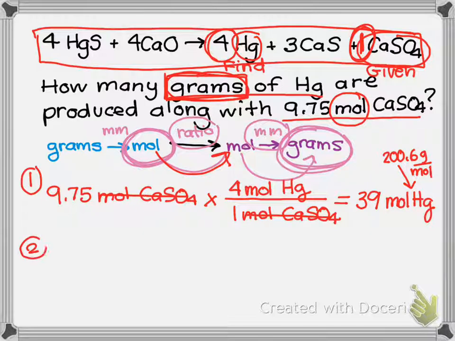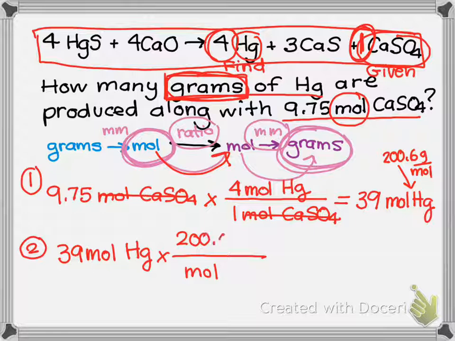So the second step would be to say 39 moles of mercury, and then I'm going to put the moles on the bottom and the 200.6 grams on the top. These are for mercury, so that cancels. And I get 39 times 200.6.